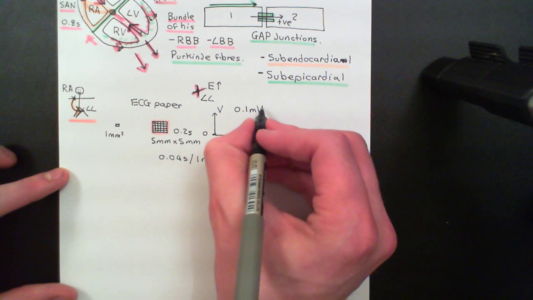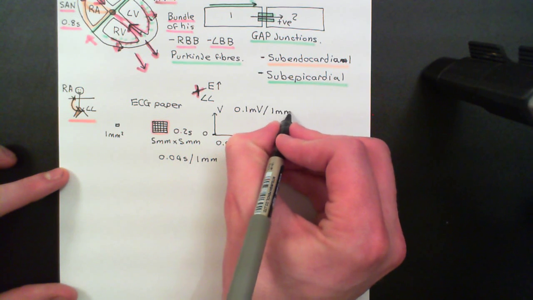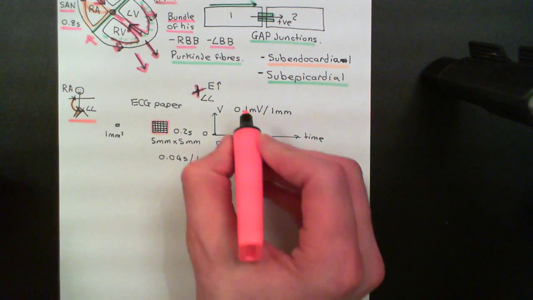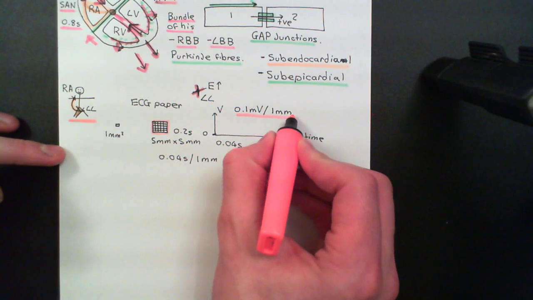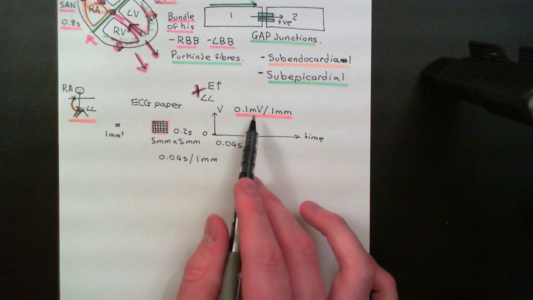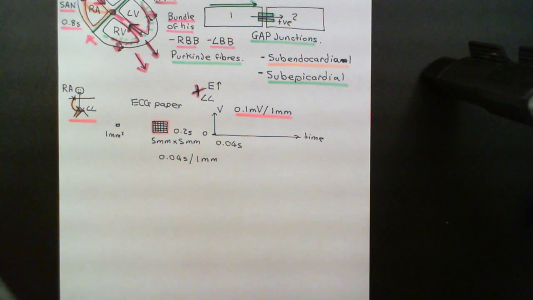Okay, so 0.1 millivolts per 1mm. So every millimeter vertically represents 0.1 millivolts change in the electrical potential difference. Sorry, not across the cell membrane, between these 2 points. Okay, so those are the scales.